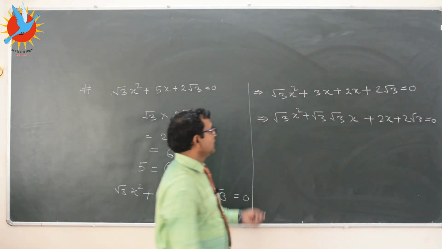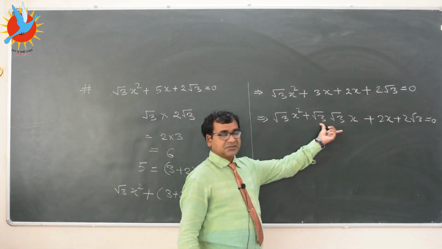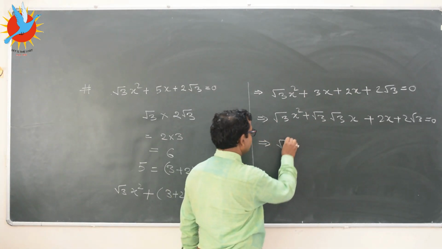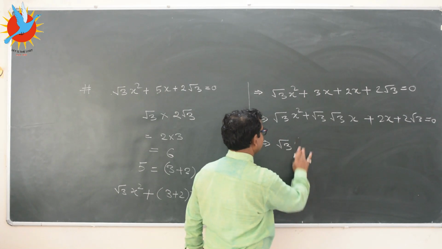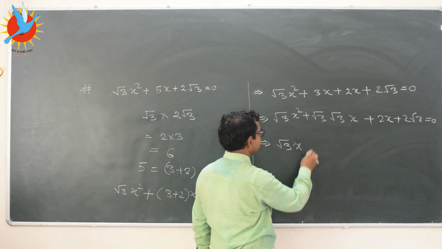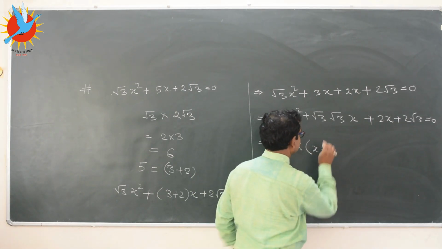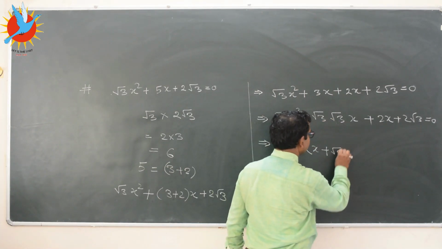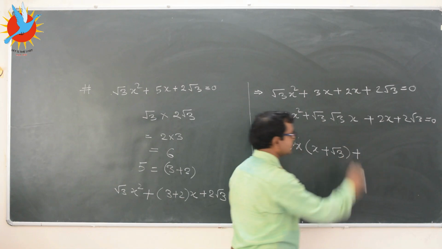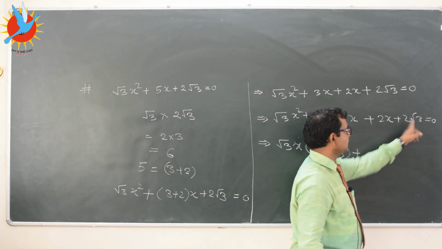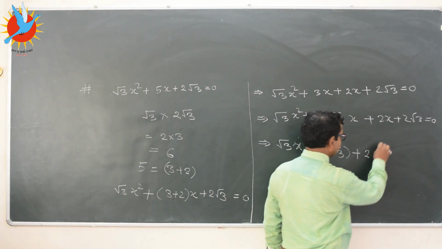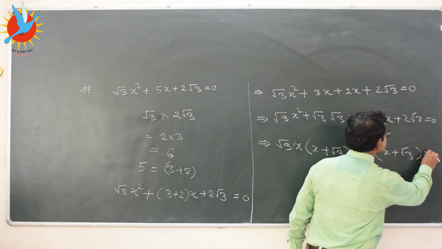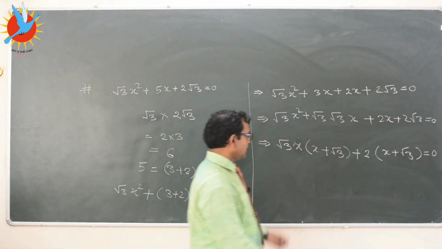Now in these two terms root 3 x would be common, therefore taking root 3 x common, we have x plus root 3, and take 2 common in these two terms, we have x plus root 3 equal to 0.